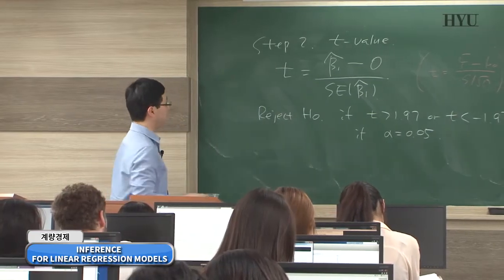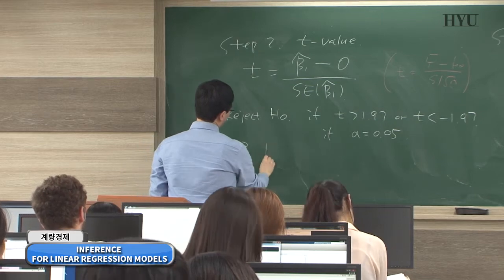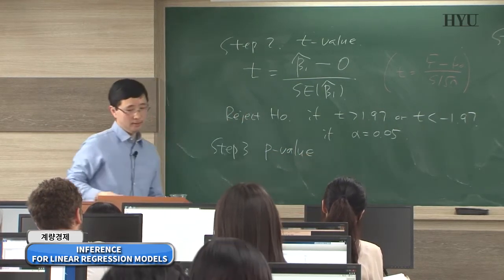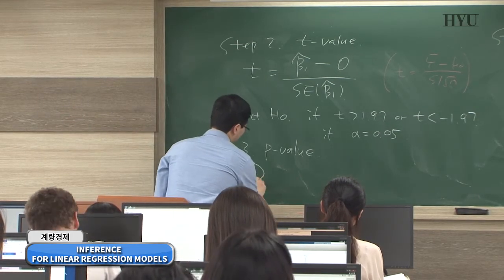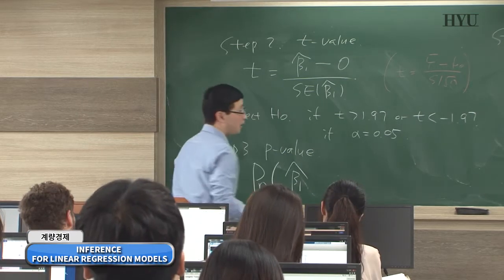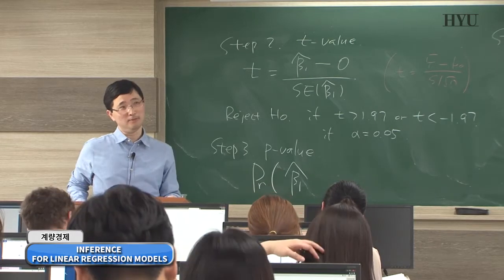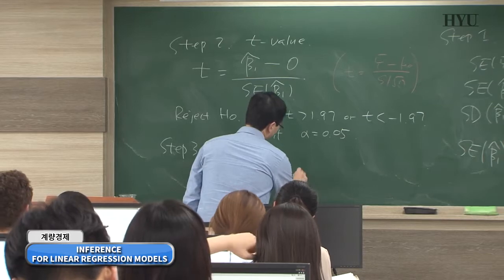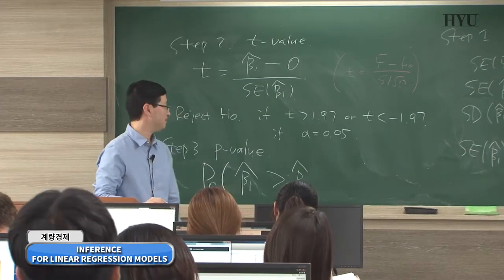What about the p-value? If you want to go further, step 3 is the p-value. So how to calculate the p-value? The p-value is the probability of beta 1 hat of your imaginary second sample being bigger than beta 1 hat in your current sample, right?